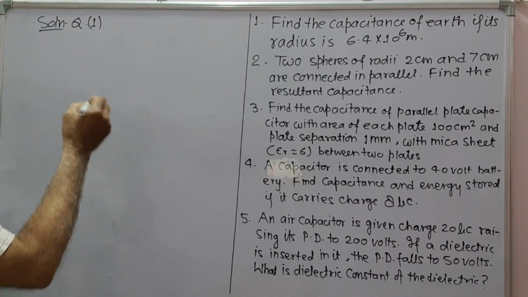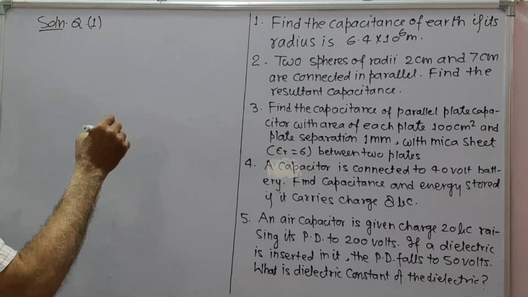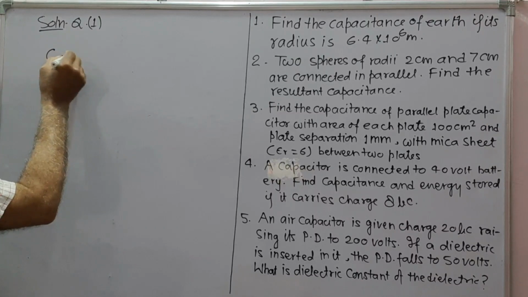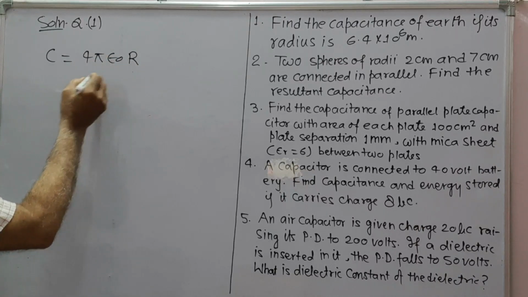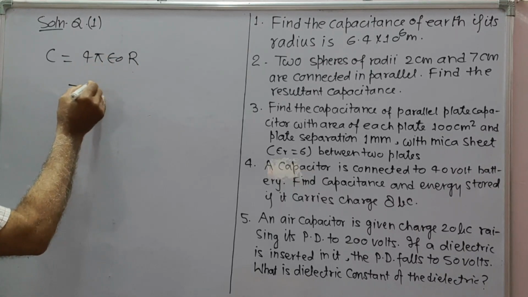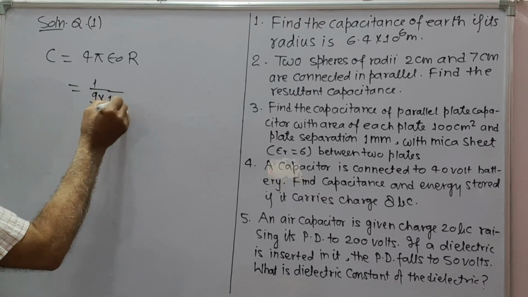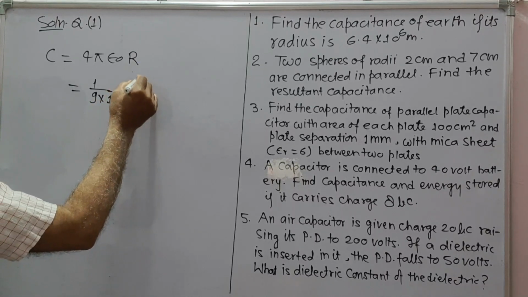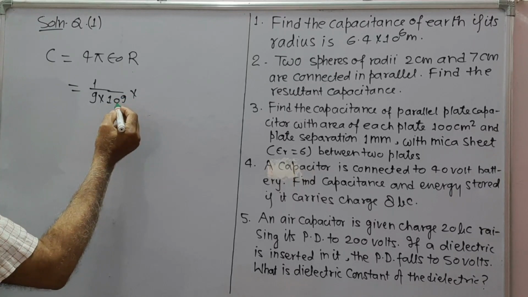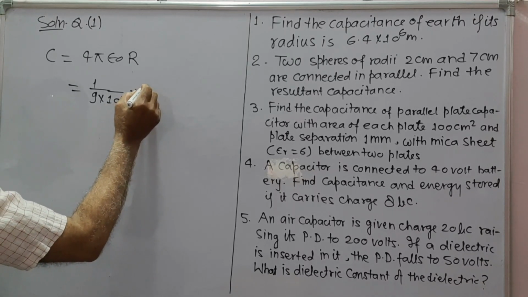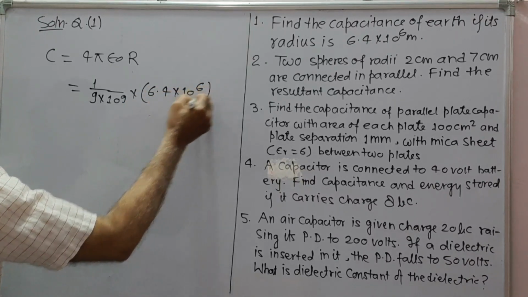Assuming earth as a sphere of radius 6.4 into 10 to power 6, capacitance C will be equal to 4 pi epsilon naught into R. 4 pi epsilon naught is 1 upon 9 into 10 to power 9 and R is 6.4 into 10 to power 6.